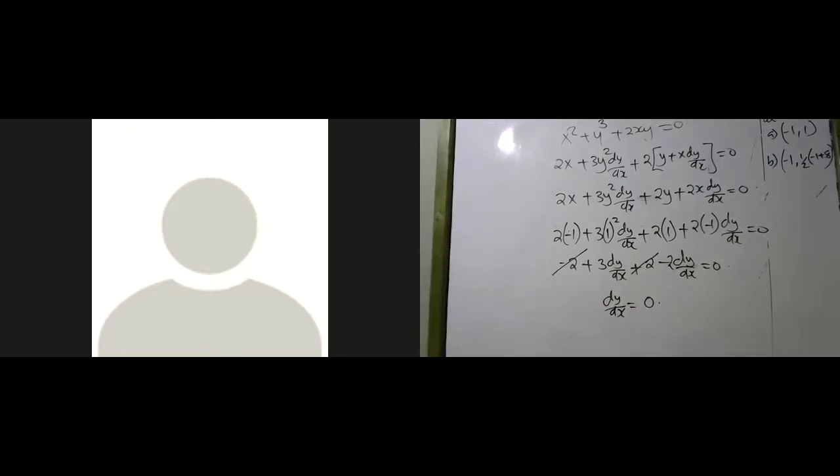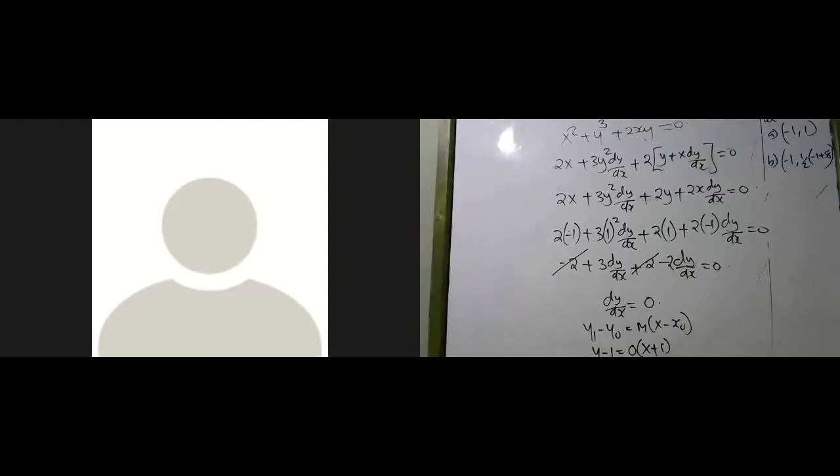So it means that the gradient of that line at -1, 1 is 0. It is 0 at that point. So now we can make the equation of the tangent. So you have y minus y naught is equal to the gradient times x minus x naught.